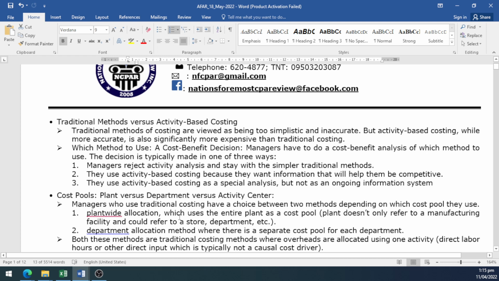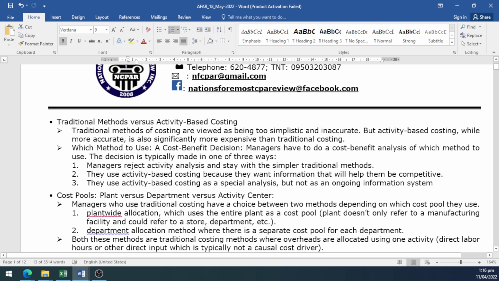We have the departmentalized system. And then, yung isa, ABC, activity-based costing. So, traditional, dalawa. Yun po ay plant-wide system at departmentalized system. And then, activity-based costing.